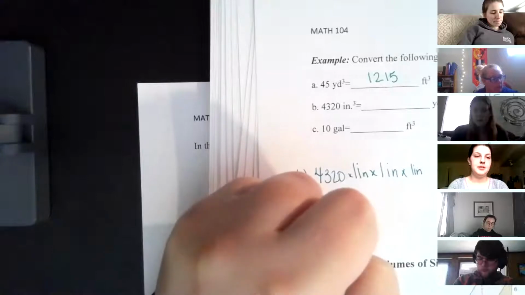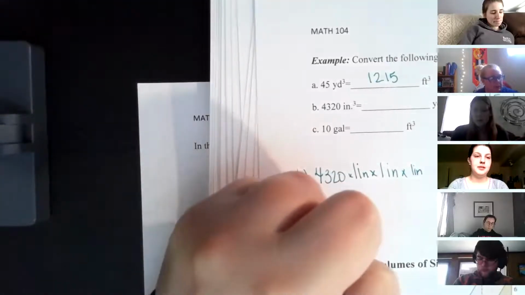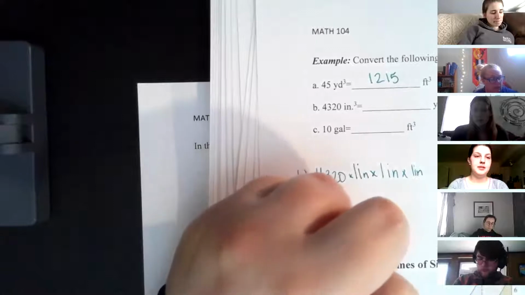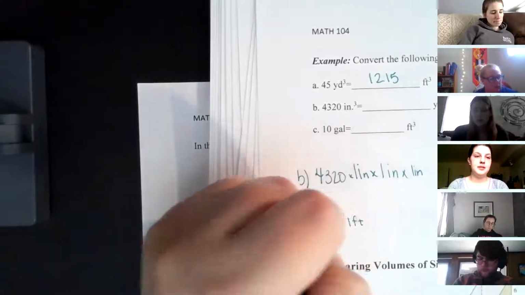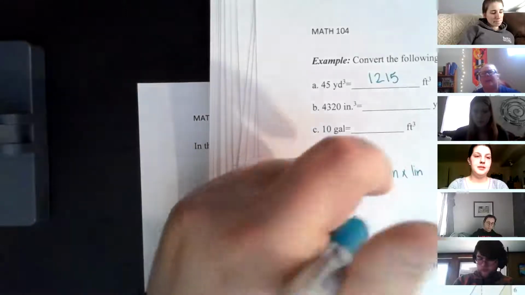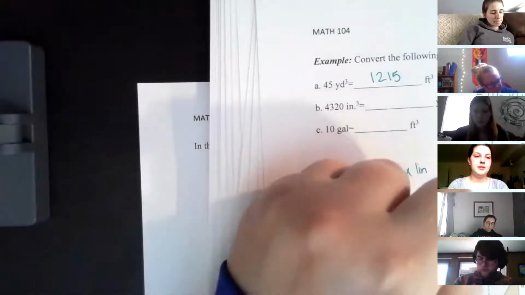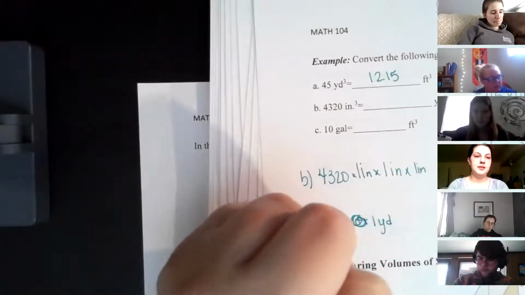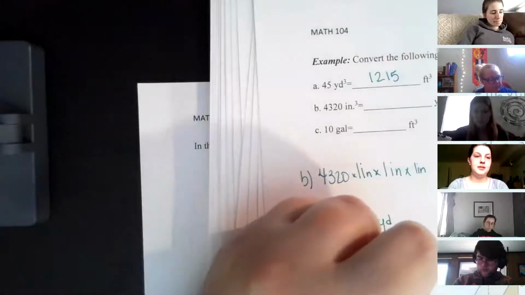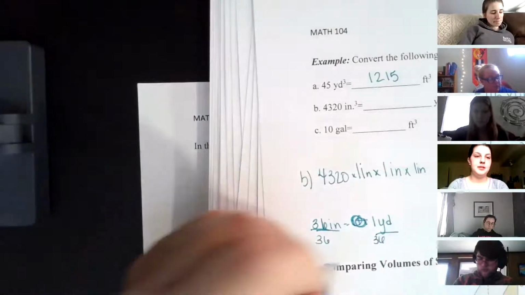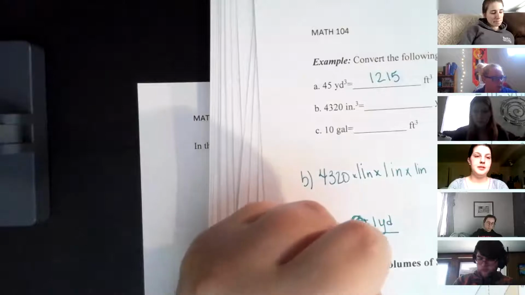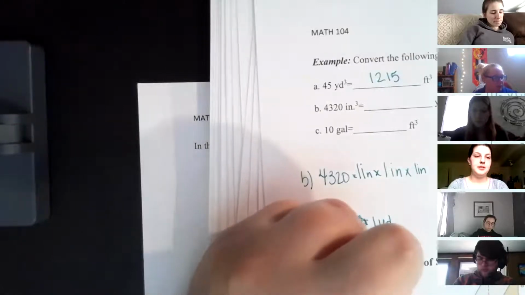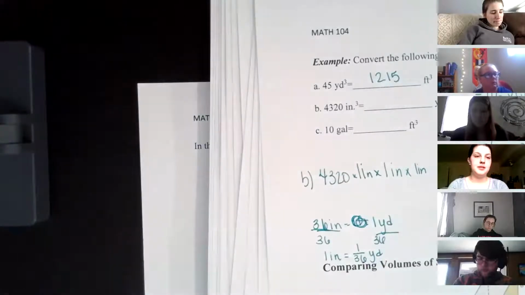For every 36 inches, we know we have 1 yard. So if I want to find 1 inch, if I divide each side by 36, 1 inch equals 1/36 of a yard, like Ilsa said.